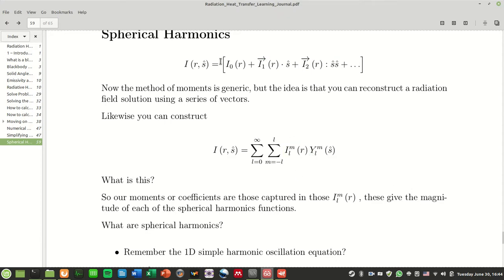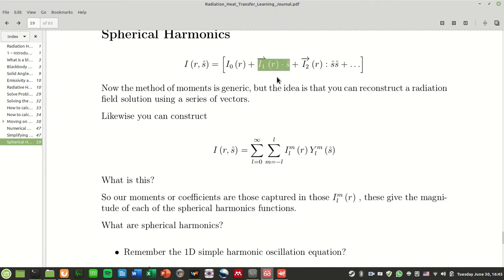This I_lm is just the constants that you see in front here. And this Y_lm, you can think of it as the direction dependent part, which is dependent on this s and the dot product with s, and then this is a vector matrix product with s s. So over here is actually a scalar.